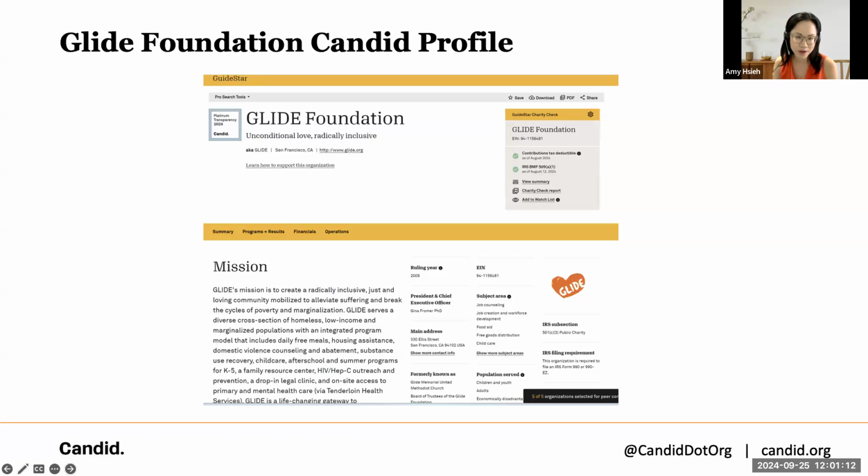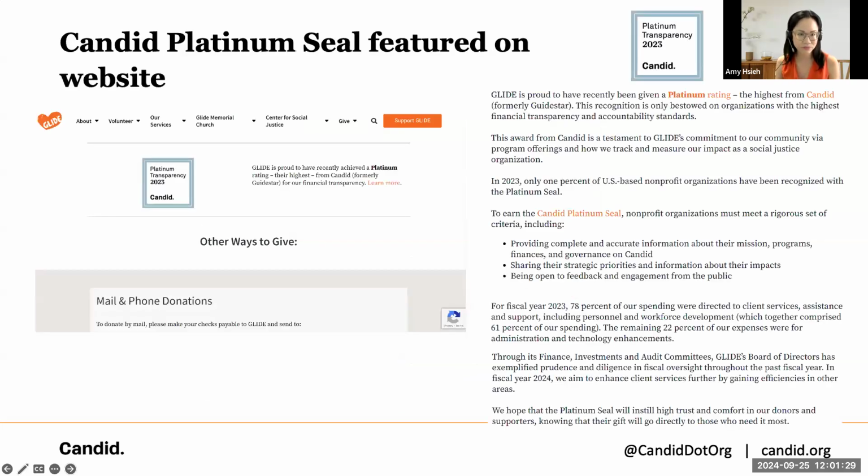So I'd like to just share a couple tips about how organizations share their seal of transparency on our communication channels. If you could move to the next slide, please. Yeah, so here on the left side of the slide, I've taken a screenshot of our giving page on our Glide website.